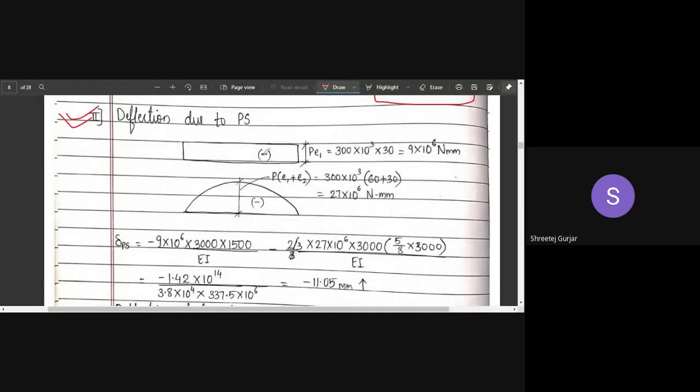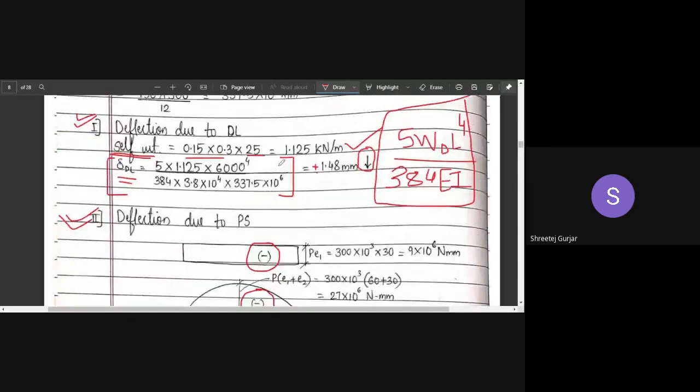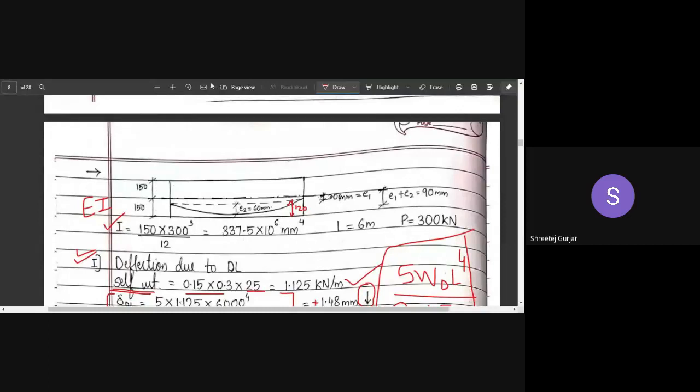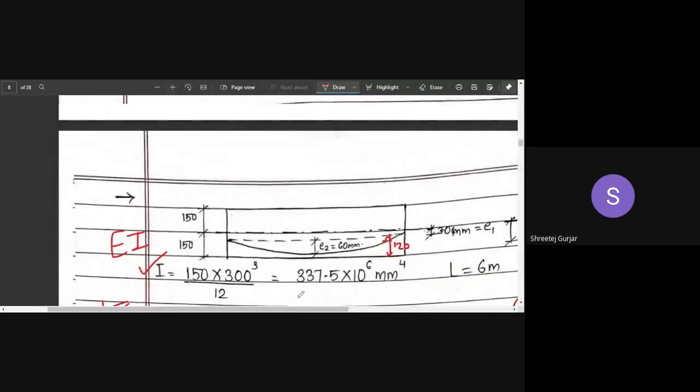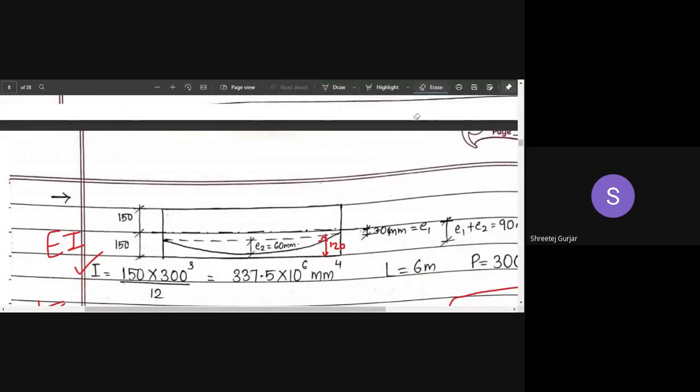Sorry, this is also negative. Why are both of these negative? Look at this picture and tell me why both of those BMDs are coming out negative. Because E1 and E2 are below the neutral axis. All right, 100% correct.